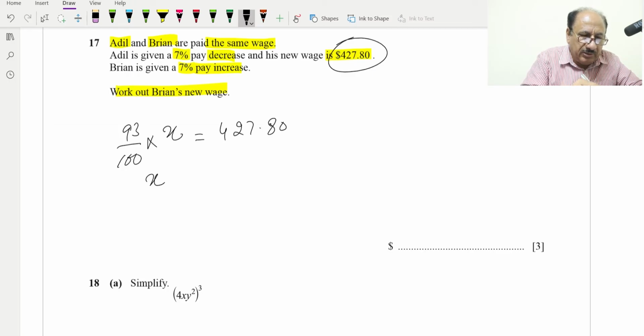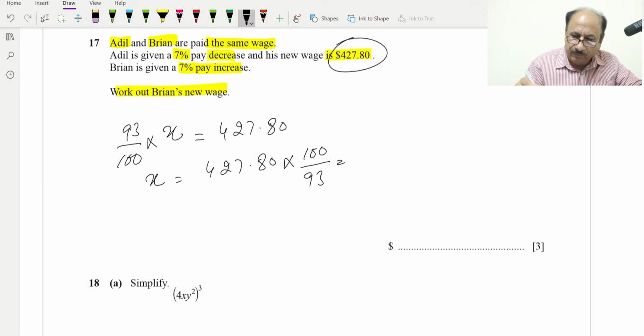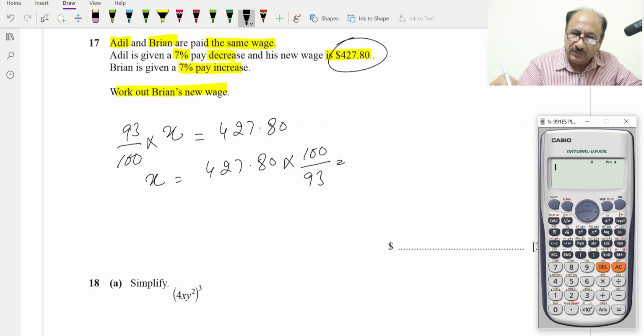So x can be calculated as 427.80, and we shift 93 over 100 to the other side, so 100 will go as numerator and 93 as denominator. If we calculate this, it is 427.80 multiplied by 100 divided by 93, and this will be 460.